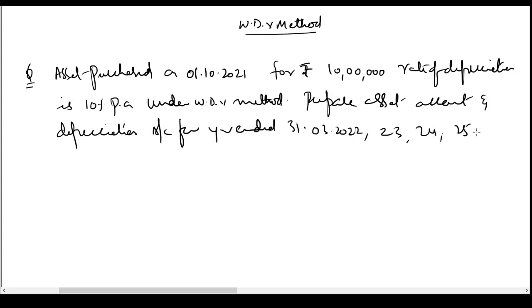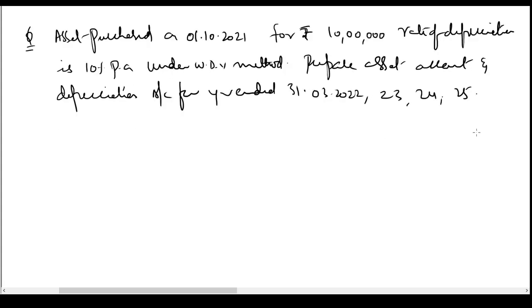So you are asked to prepare asset account and depreciation account for the years ended 31st March 22, 23, 24 and 25. So how do you deal with it? Let us start preparing the accounts now. The years are financial years. We are following financial year.